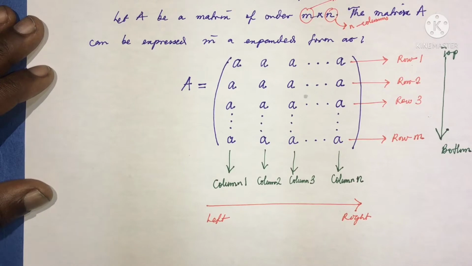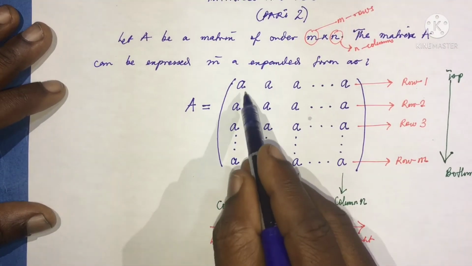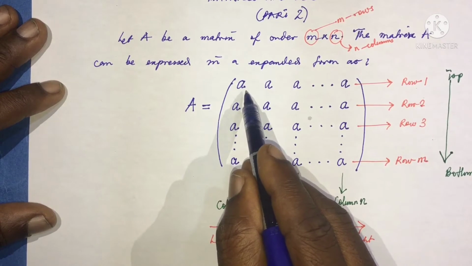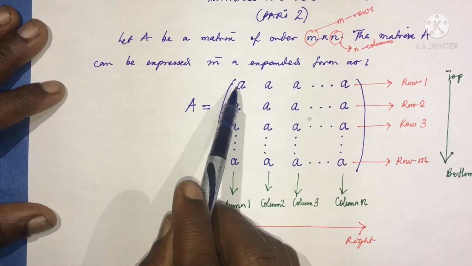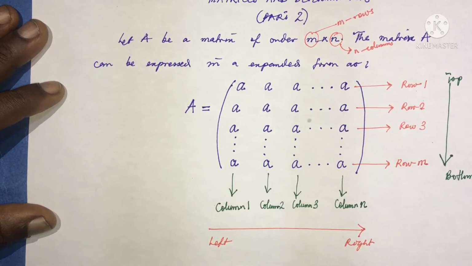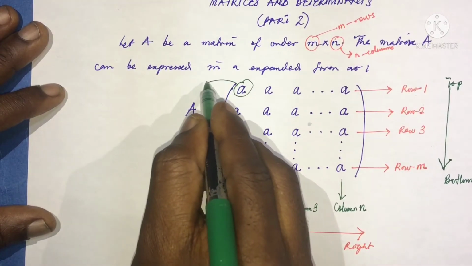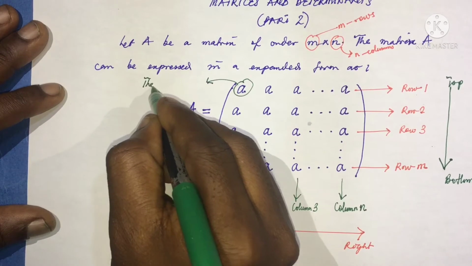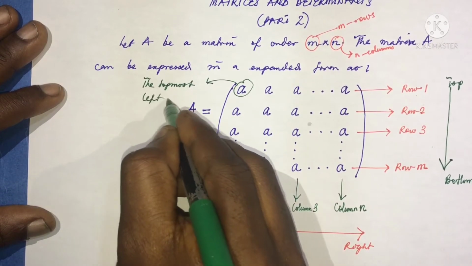Now, let's go back into the matrix. We start counting, or identifying, the location of an element in a matrix from the topmost left element. So this number here is the topmost left element.